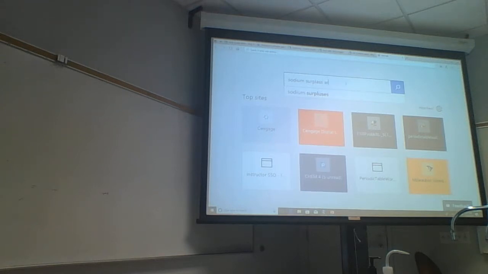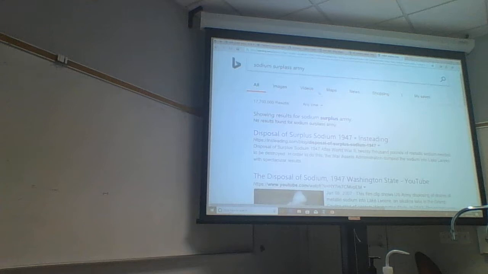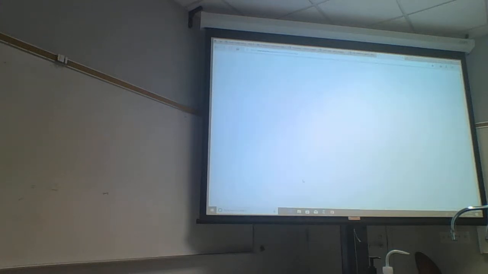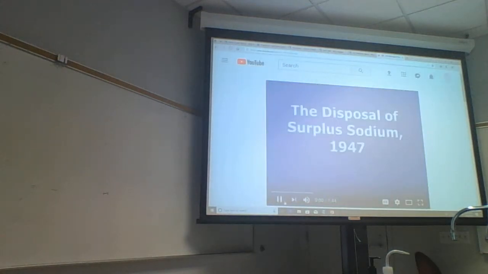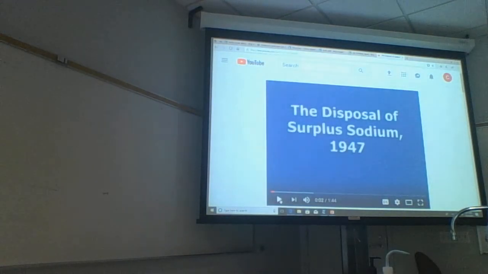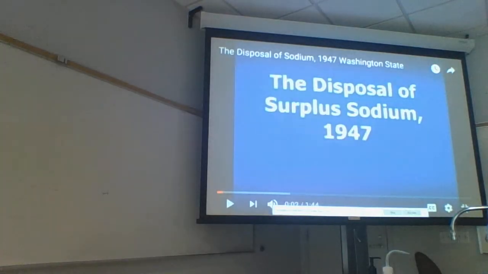This was by the Army, I think. Disposal of surplus sodium. This is not sodium ion that they're disposing of. This is sodium metal that they're disposing of. We'll take a look.